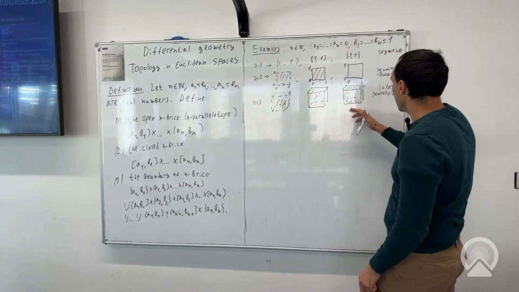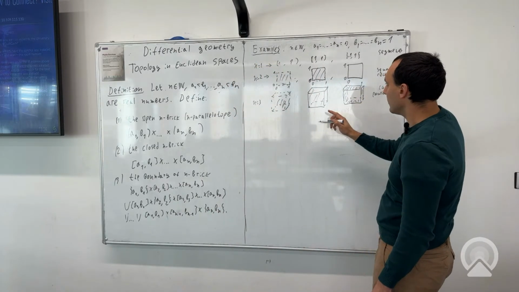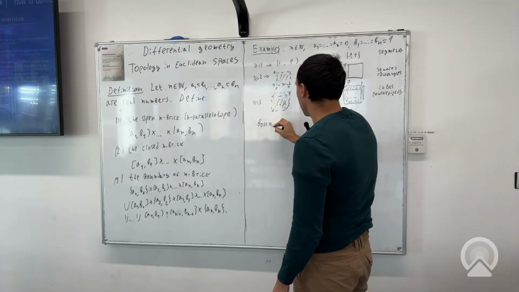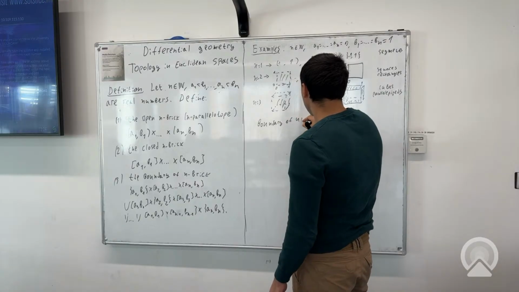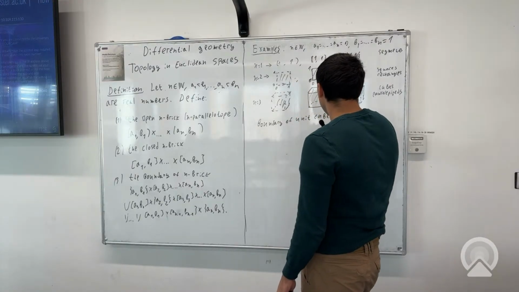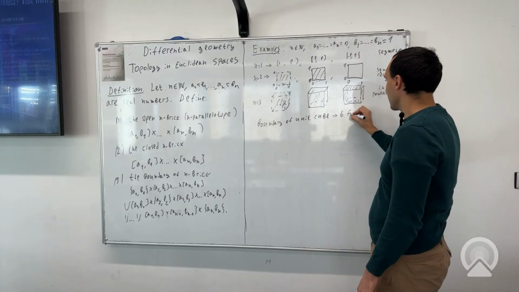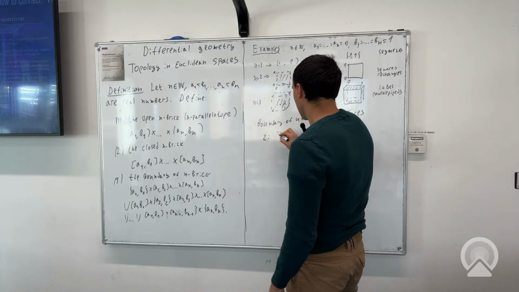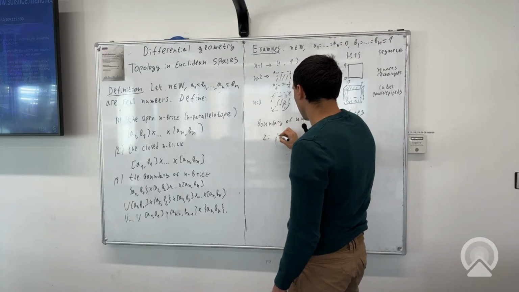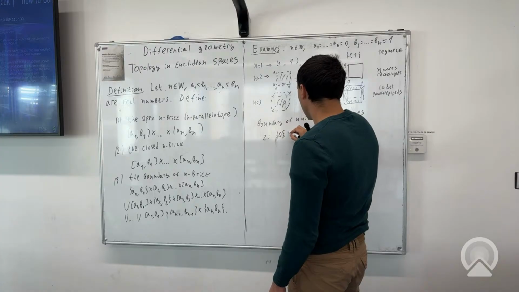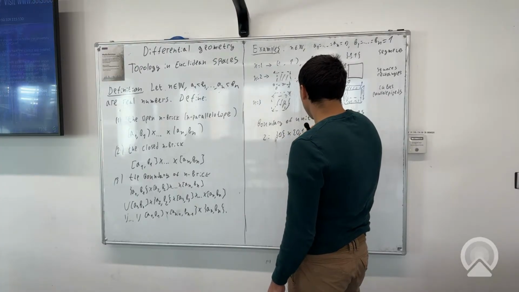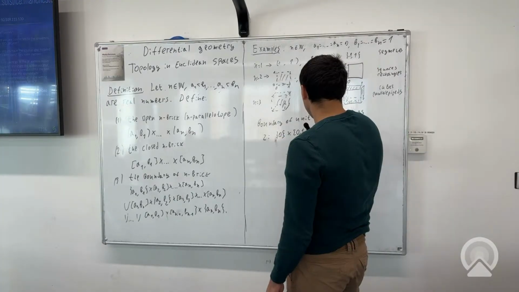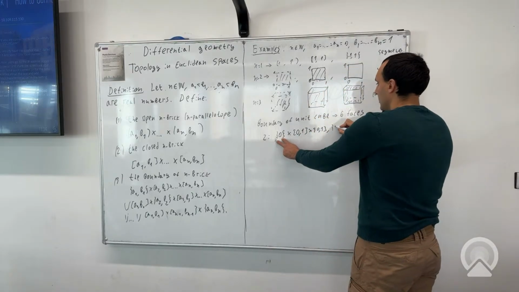Okay, so for example, here we have the boundary of the unit cube. So there are 6 faces. So we have 2 which are 0 times 0, 1 times 0, 1, and 1 times this thing, 0, 1, and 1 times this thing here.